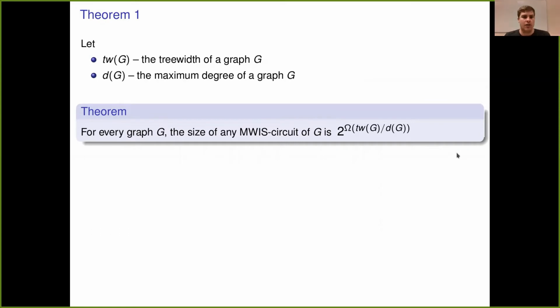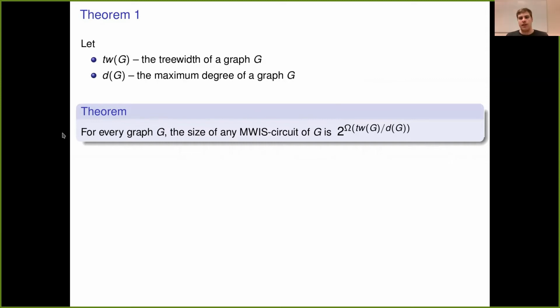Now let's go into theorem 1. For theorem 1, I consider the treewidth of a graph and the maximum degree of a graph. The treewidth of a graph is a very well-known graph measure that basically measures the tree-likeness of the graph.